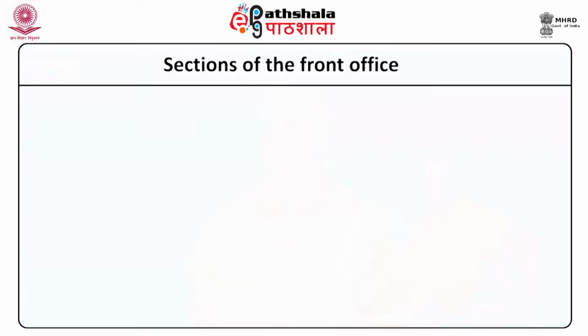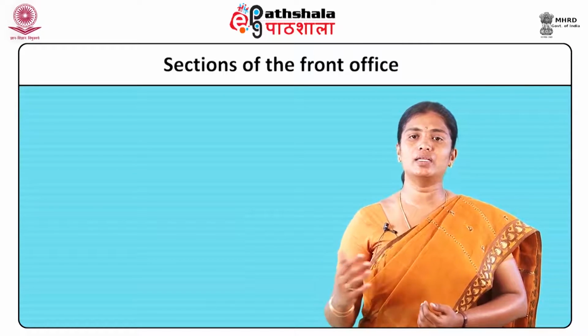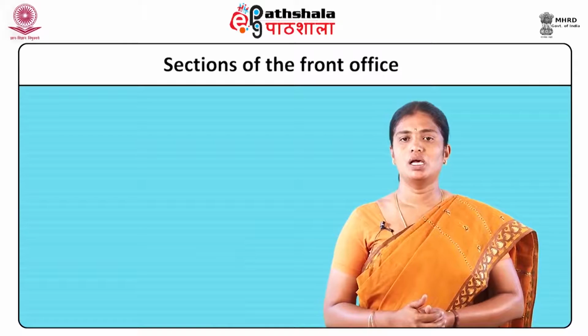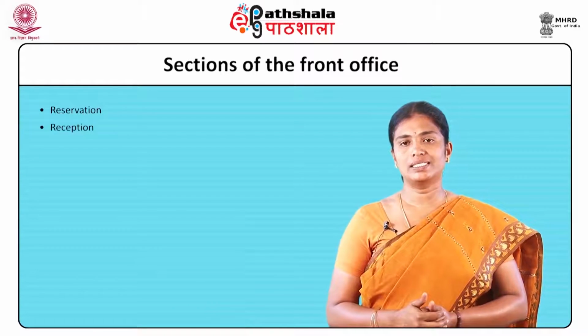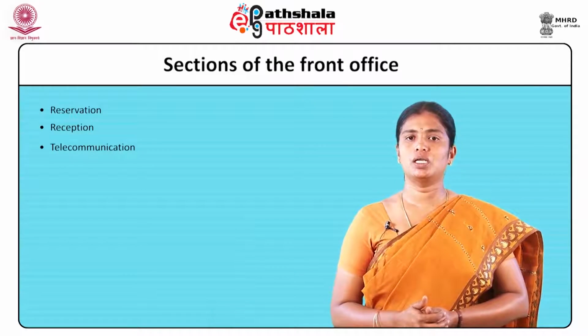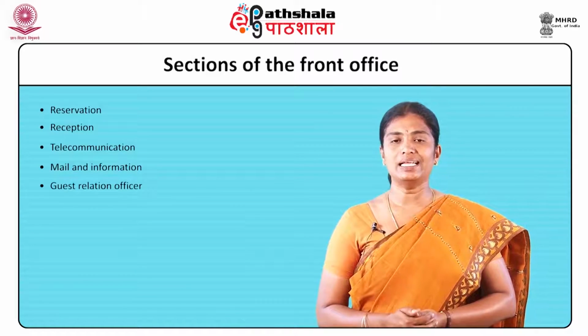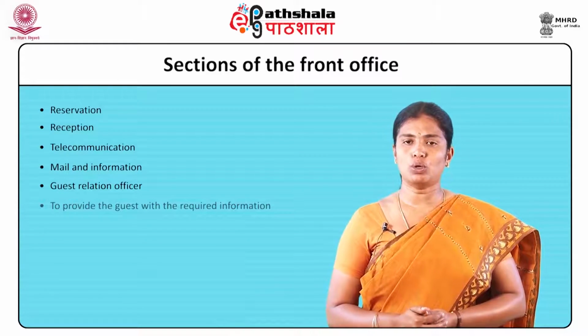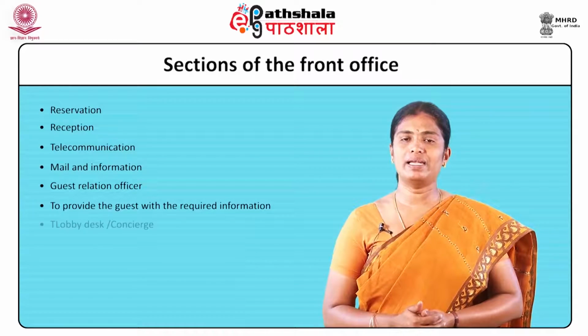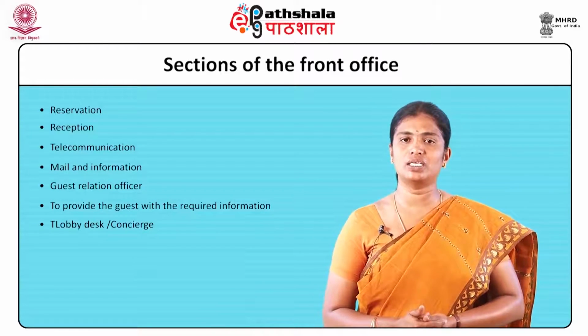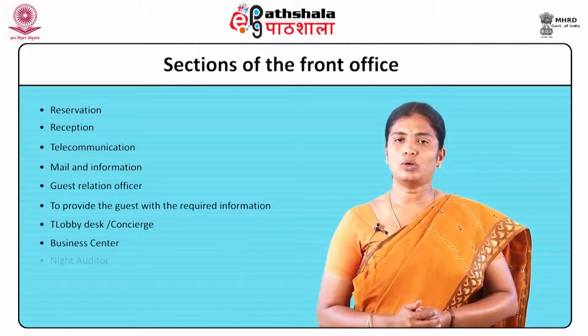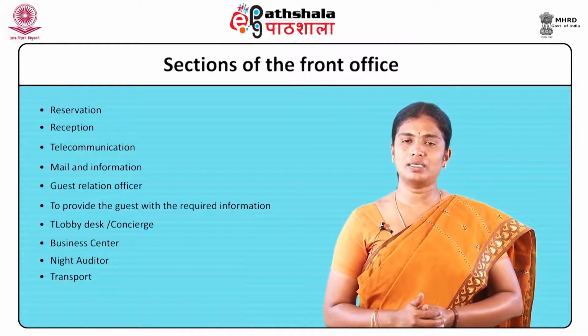Next, let us see about the front office personnel, the employees for the front desk operations. In order to fulfill the responsibilities at the front desk, the front office may be divided into the following sections: reservation, reception, telecommunication, mail and information, guest relation officer, front office cashiering, lobby desk, which is otherwise termed concierge, business center, night auditor, transport, valet parking.